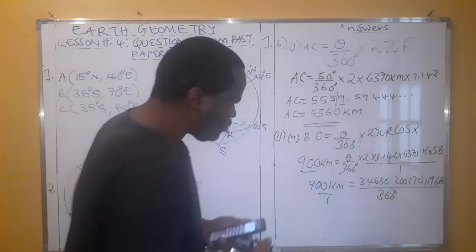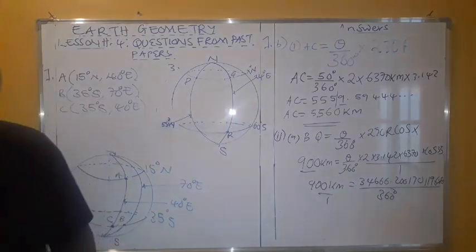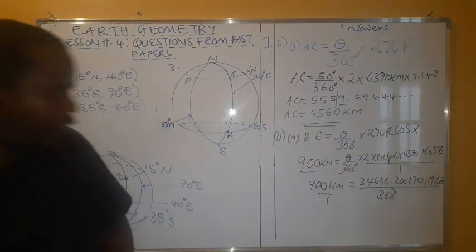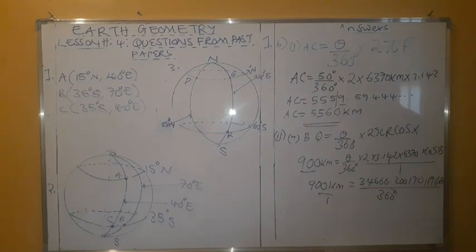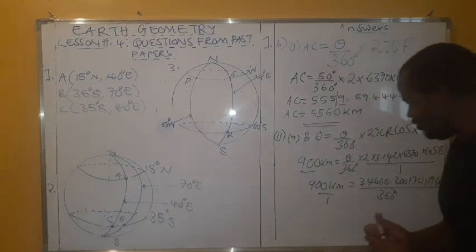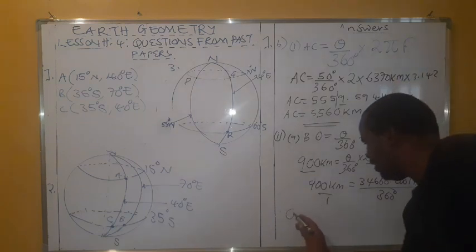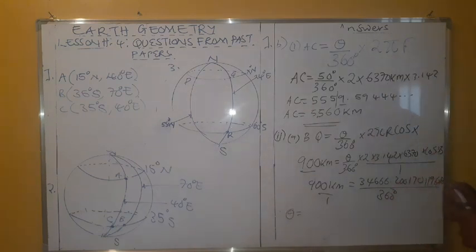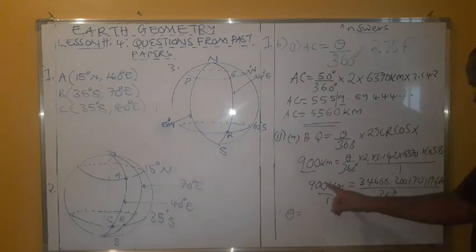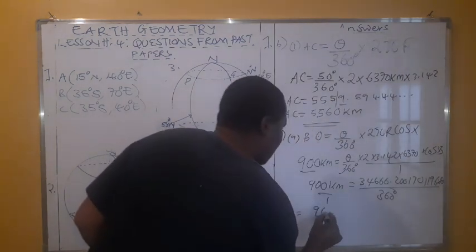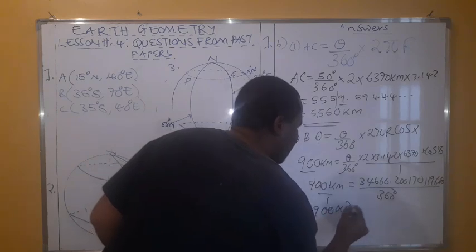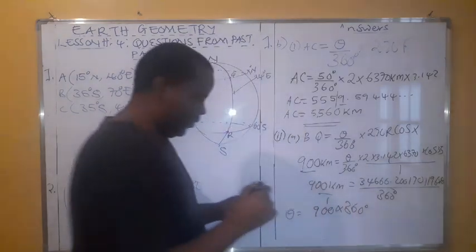Now, for you to find the theta, you do cross multiplication. You say 900 times 360 degrees.